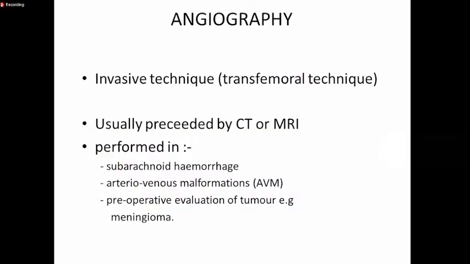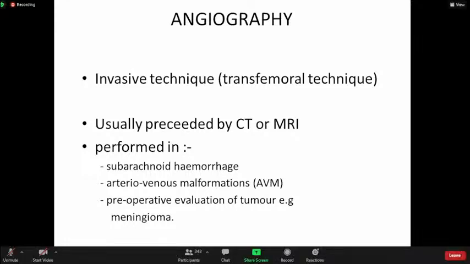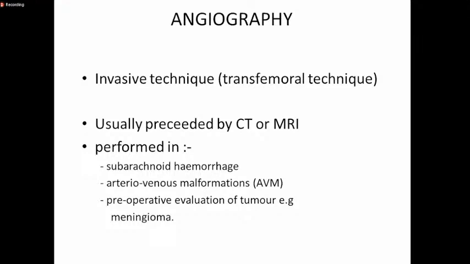Then we have something called angiography. The technique that we used to use before is quite invasive. But today we can do angiography using CT, and we can do angiography using MR. Now CT and MR give you really anatomical detail, but there are times when you need to do the invasive technique.